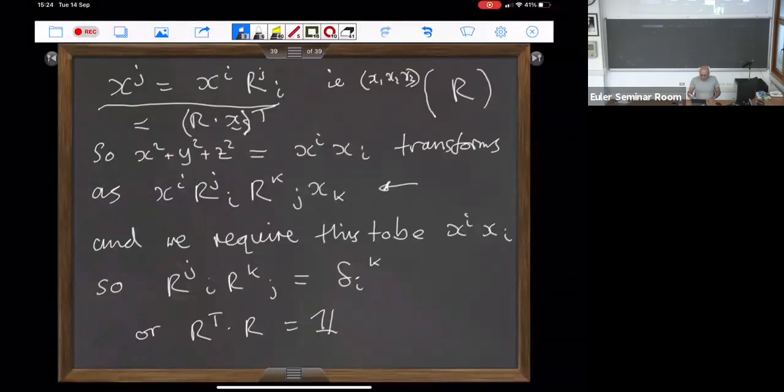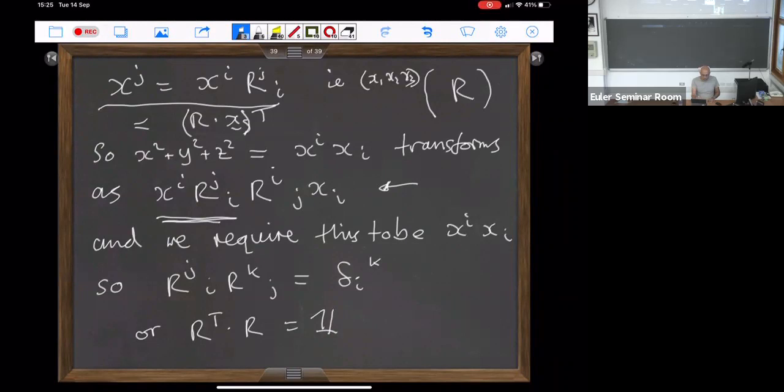And now I've been quite careful to introduce appropriate new labels. For example, I've introduced the k label. The point of that is that if I had written here instead i and i, that would be confusing because I've already got an upper i and a lower i in the first factor of the formula.